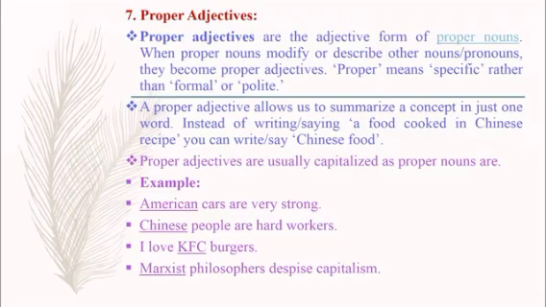Next, we are going to learn about proper adjectives. Proper adjectives are the adjective form of proper nouns. When proper nouns modify or describe other nouns or pronouns, they become proper adjectives. Proper means specific rather than formal or polite. A proper adjective allows us to summarize a concept in just one word.